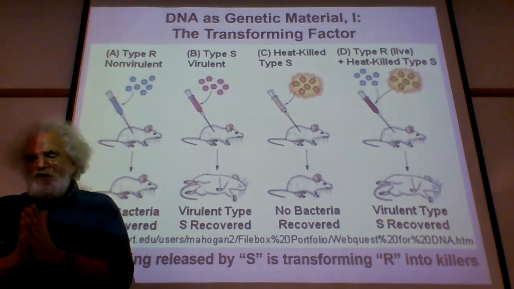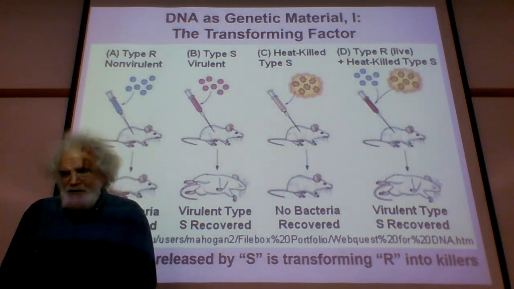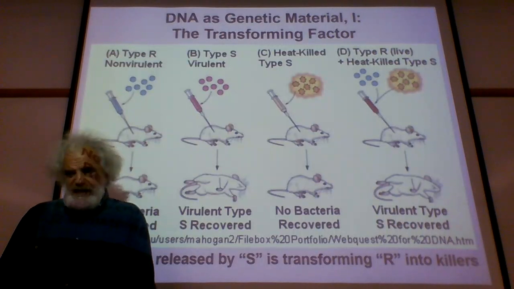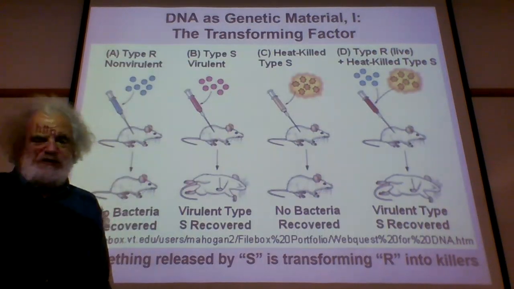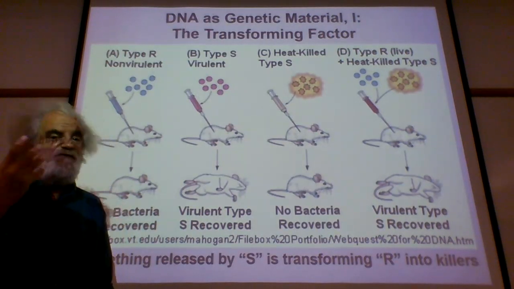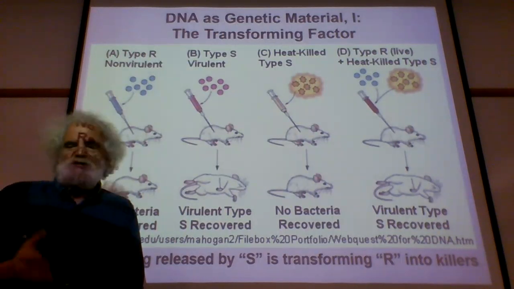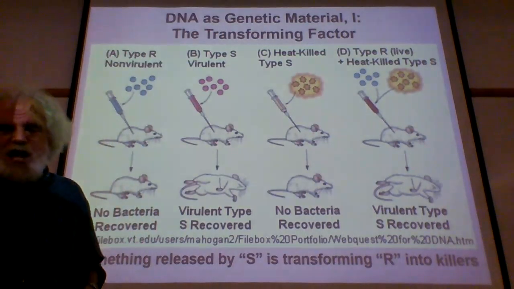One of the first really cool experiments was done by a guy named Oswald Avery, to explore what was causing a bacteria to have virulence. He referred to this as the transforming factor. Here is the story.